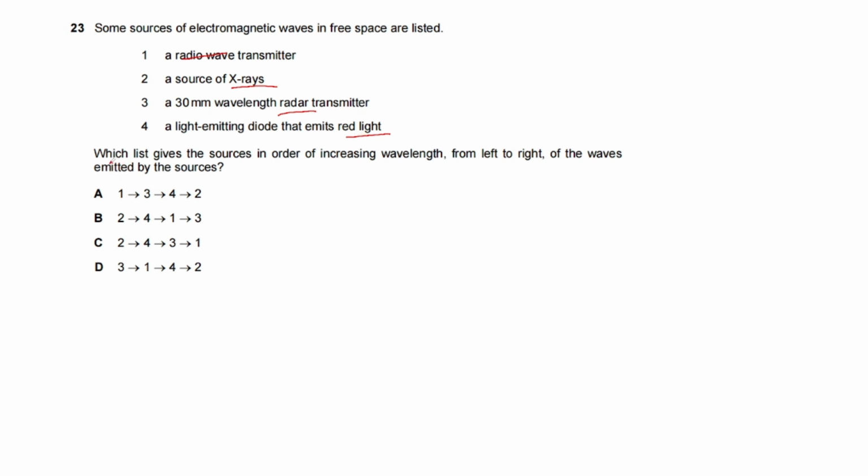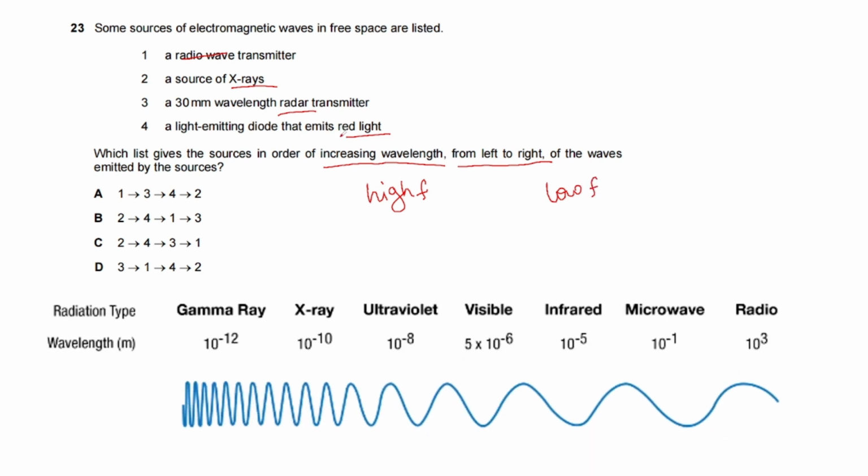Which list gives the sources in order of increasing wavelength from left to right of the waves emitted by the sources? So on the left side we need a high frequency wave, and on the right side a low frequency wave, okay? We know the electromagnetic spectrum, and out of these the high frequency, low wavelength wave is the X-ray, okay?